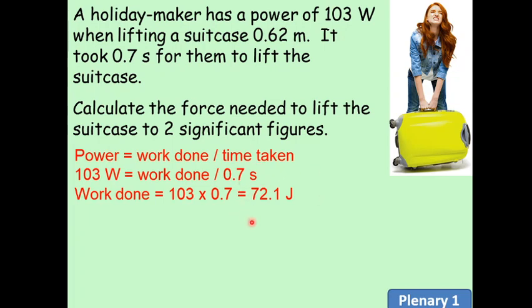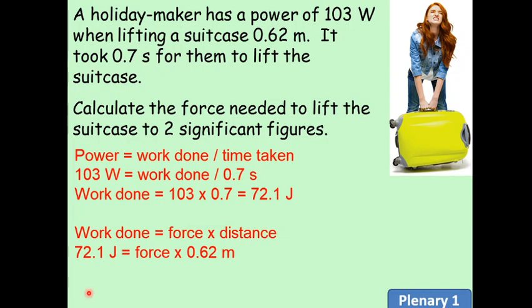And this is for our work done. We can then take this work done that we've calculated and put it into the work done equation. So that is work done is force times distance. We've got the work done calculated here that we can substitute, and we also have the distance, which was 0.62 meters, that we can substitute in.